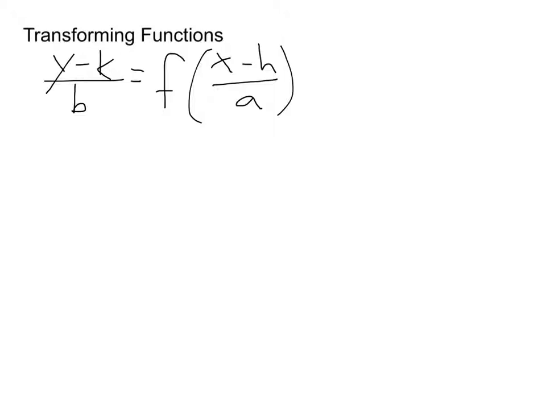An example of when we could get it to this form, if we started off with this function, let's say it said y equals 2 times ((x minus 2) over 3) squared plus 1, something like that.